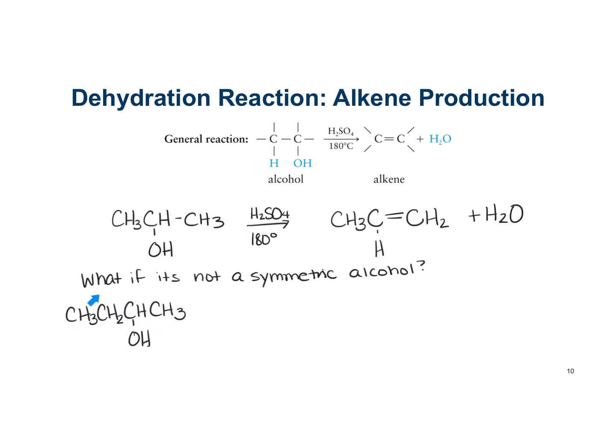One has a methyl group and one has an ethyl group here. So in this case, we form two products. One product's formed by removing a hydrogen from this carbon, and one product is formed by removing a hydrogen from this carbon. So I'm going to draw these out, and then we're going to talk about which one is the major product and how to identify the major product.